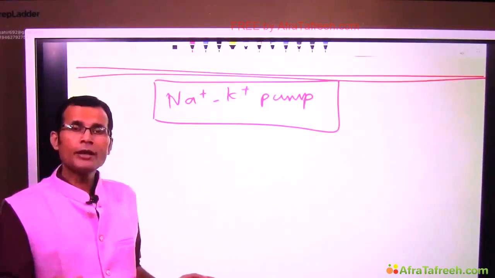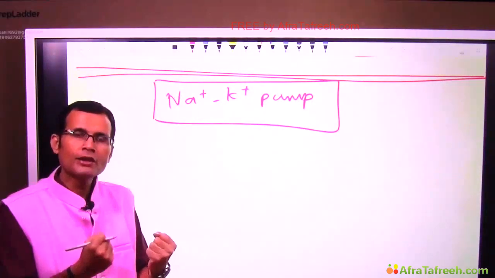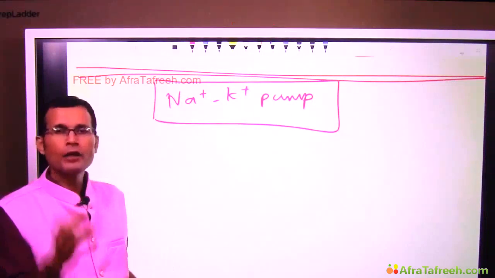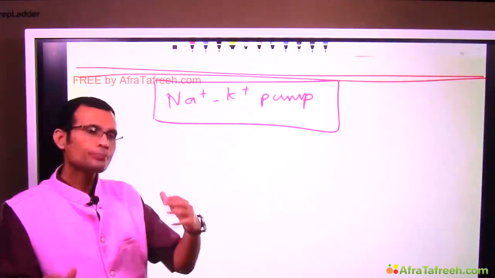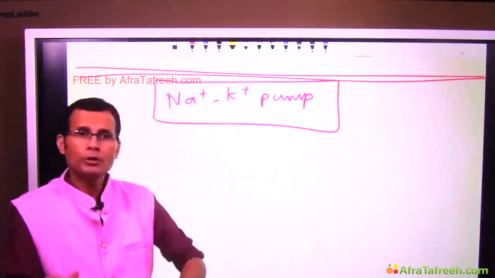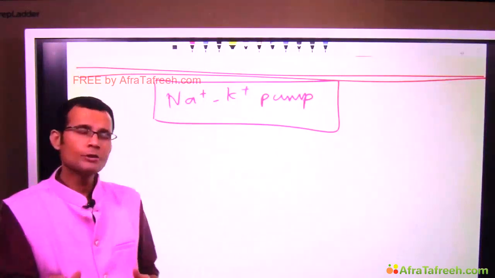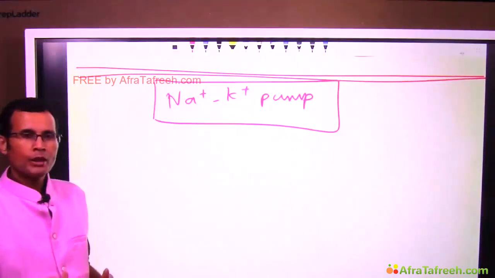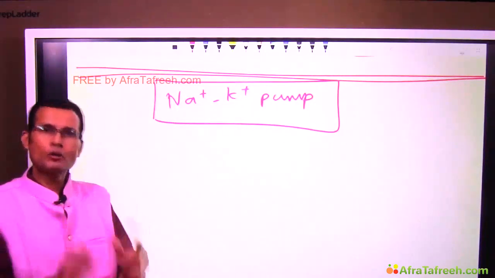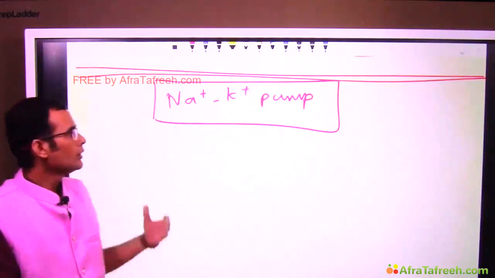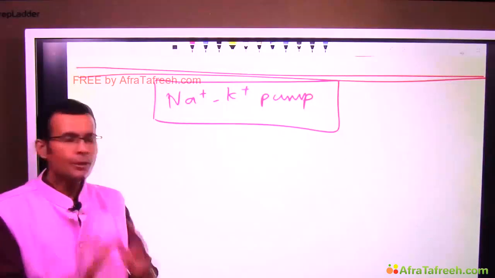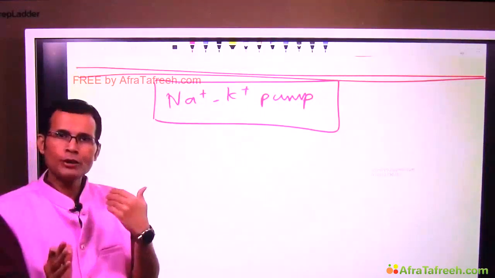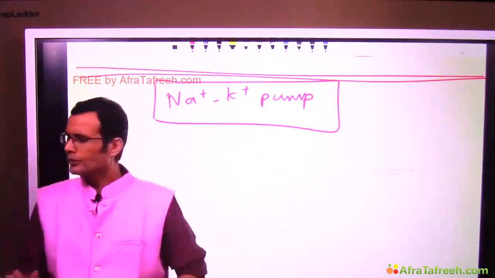Now that concentration gradient has a certain potential energy, a certain pull, and that pull is utilized by the carrier to carry out the secondary active transport. The sodium will be pulled into the cell from high to low concentration, and at the same time, one more substance will be transported. If it goes into the cell, that means it's going along with sodium in the same direction, so it will be called co-transport or symport. And if the second substance goes opposite to sodium, then it's called antiport. So we've described all this.